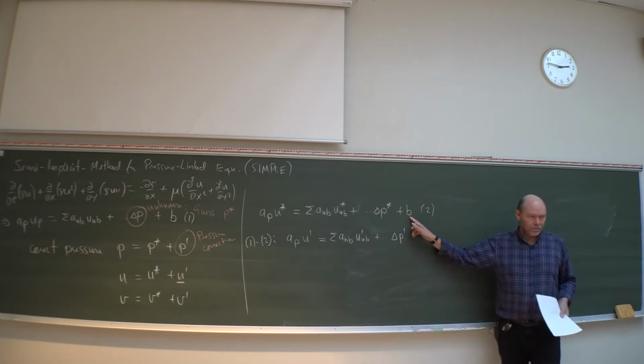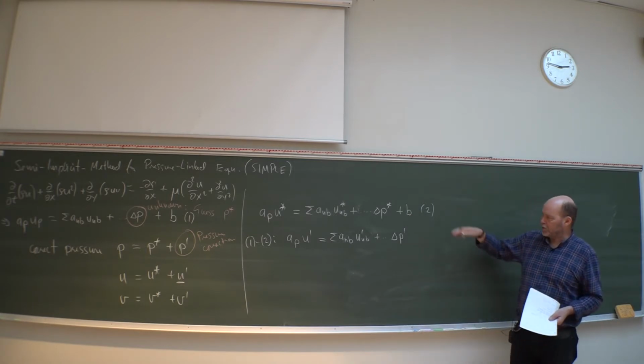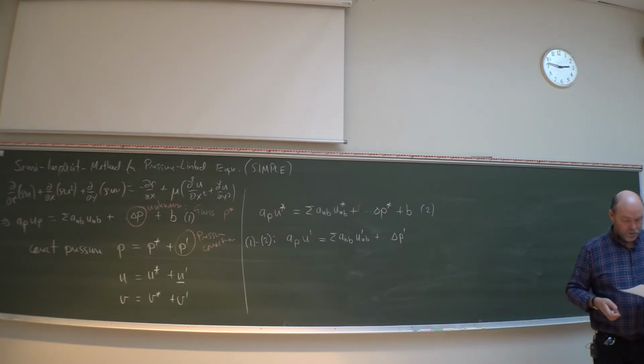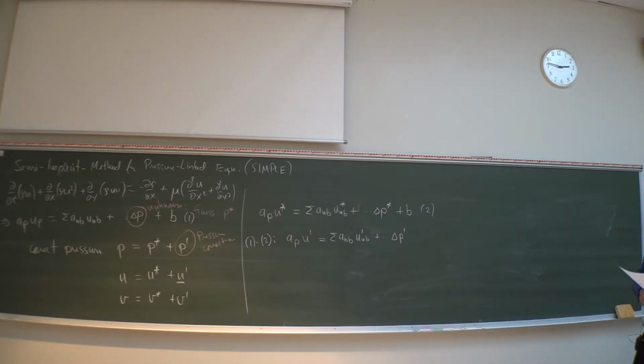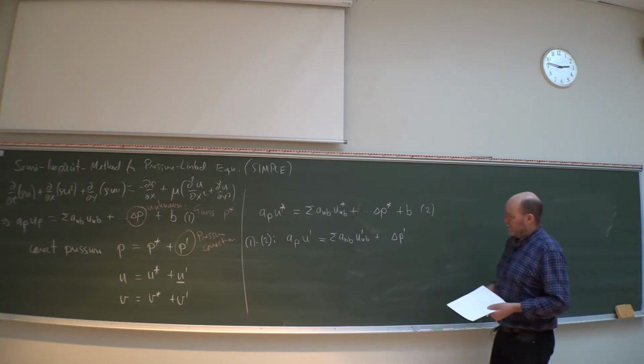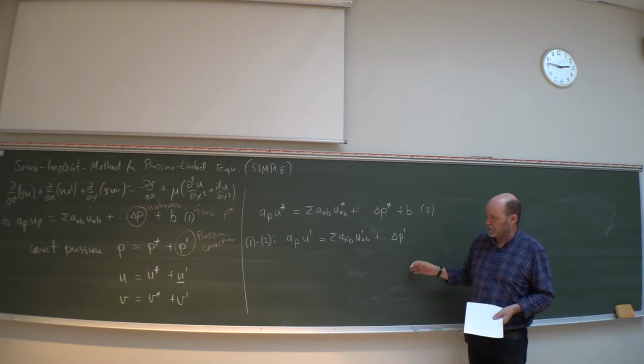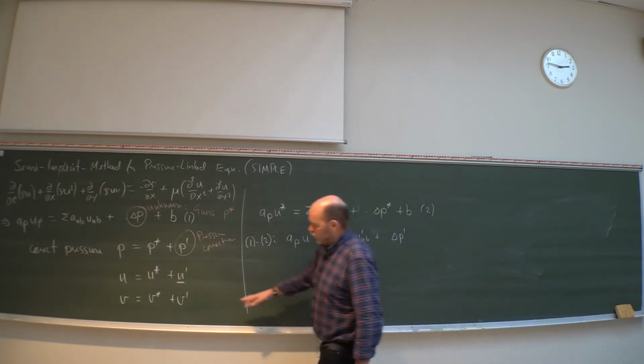The constant B disappears. It has been removed when you do the subtraction. Not a problem there. So it still doesn't help. This is one equation with two unknowns. You of course have the same equation in the y direction with the v velocity.